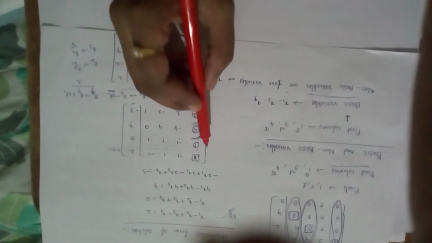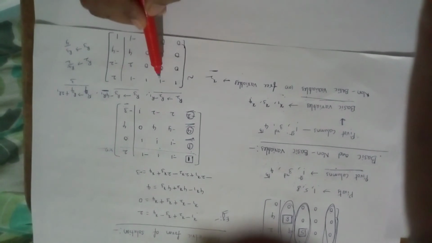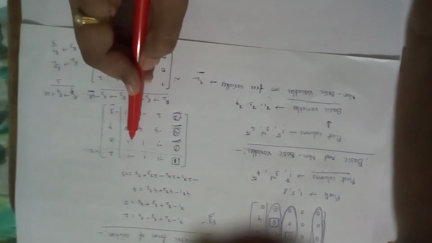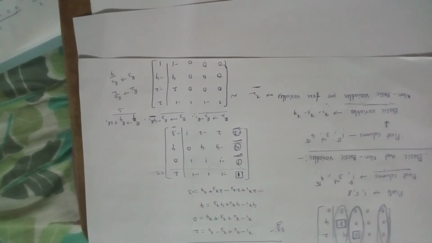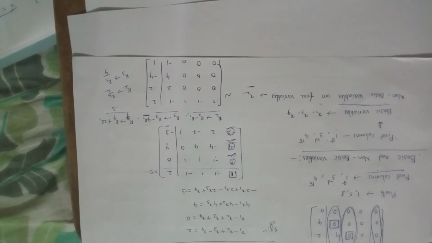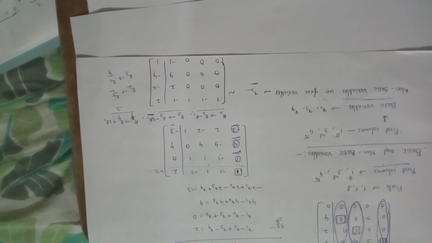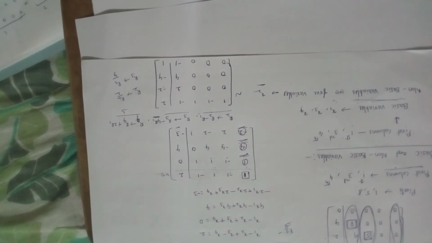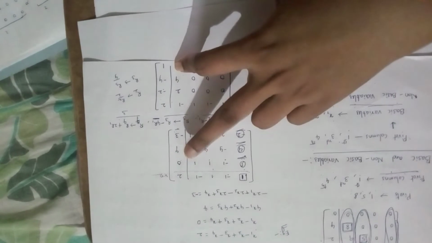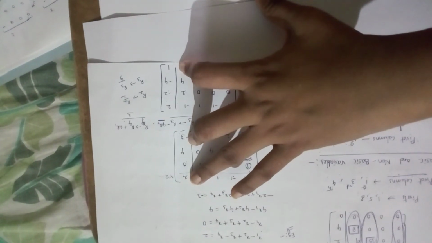So I am writing row 1 same, so 1 minus 1 1 minus 1 2, and the second row is 1 minus 1 is 0, minus 1 plus 1 is 0, 1 minus 1 is 0, and 1 minus of minus 1 plus 1, so we get here 2, and next 0 minus 2, that is nothing but minus 2. In R3 minus 4R1, so 0, minus 4 minus 4 is 0, minus 4 plus 4 is 0, 4 minus 4 is 0, 0 minus 4 is minus 4, and 0 minus of minus 4 is 4, and next 4, this is 8, so 4 minus 8 is minus 4.